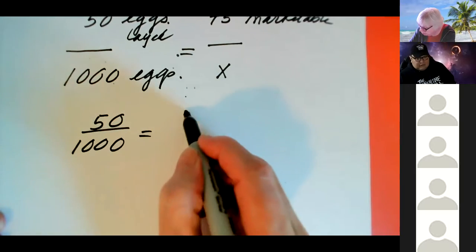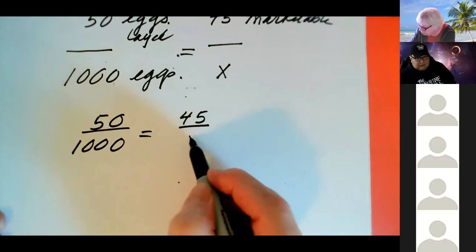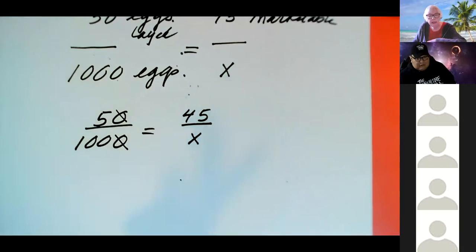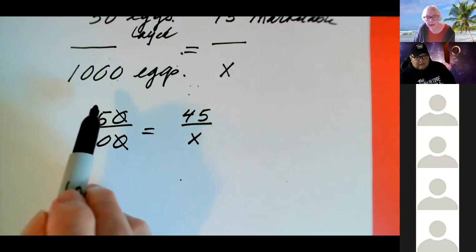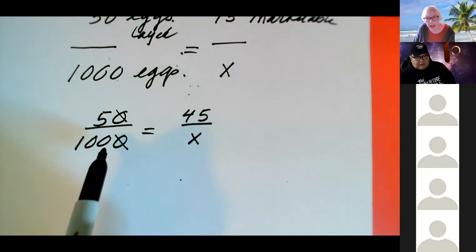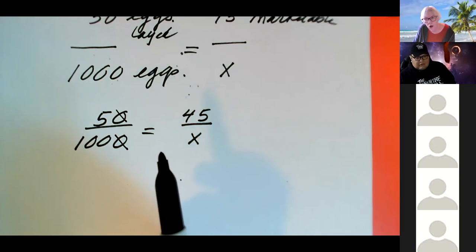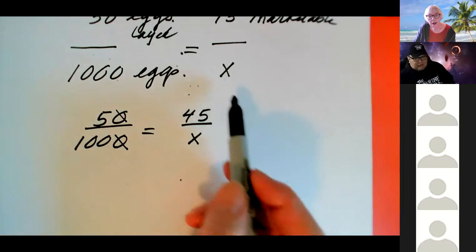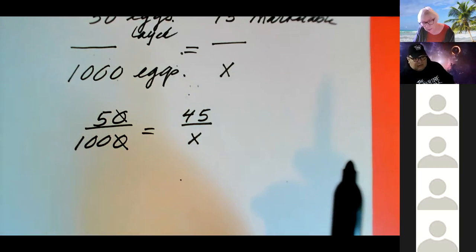pull this down a little bit and get rid of some of this mess. So I'm going to start by taking off those zeros because they're not doing a darn thing. And if I felt like it, I could take 5 over 100 and reduce it. What's the advantage of doing that? The advantage is I'm working with smaller numbers.